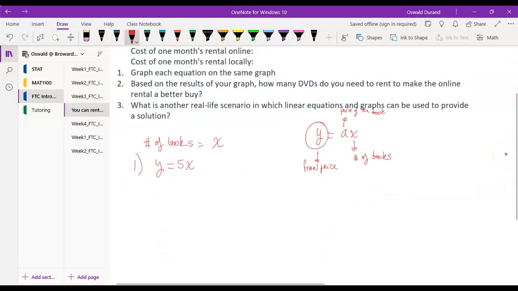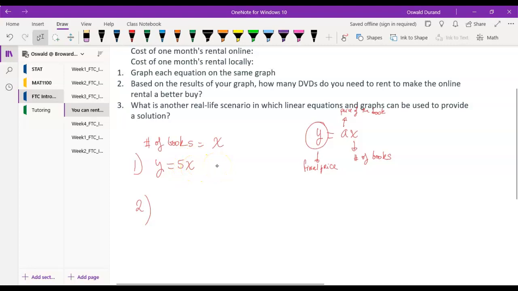Simple enough. Now, the second equation is a little bit harder because now it does not matter how many books. You're not concerned about the number of books that you're getting, because you can take an unlimited amount of books, right? So you have nothing that is independent. Y is not dependent on the number of books because the number of books is unlimited.